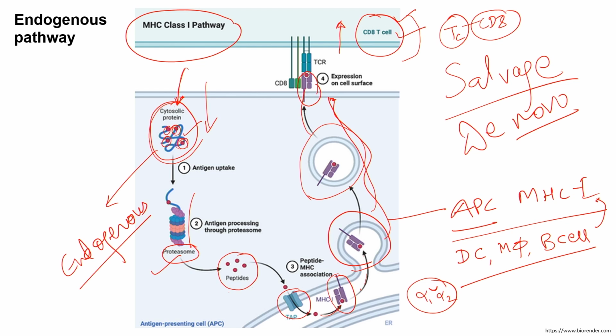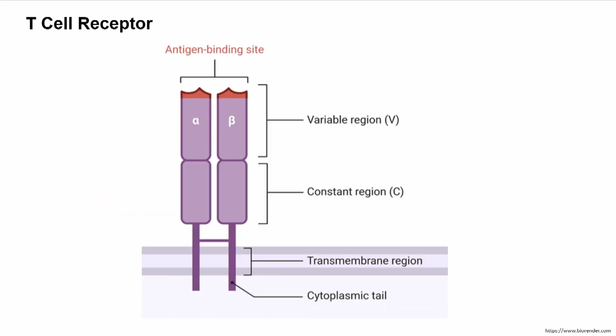Let us try to understand a few details which are important here in order to understand this endogenous pathway. So, one thing which we have discussed is the receptor on the CD8. Suppose these are endogenous molecules which are presented through this MHC1 molecule. So, let us try to understand the T cell receptors.